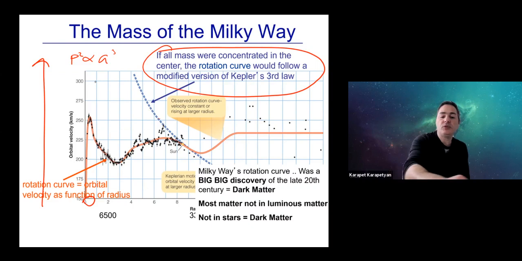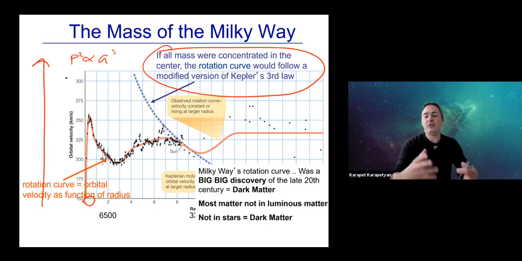Okay, so that means what we have here is the mass that we think is composed of electrons and protons and things like that, that we can see. That means we can see all the stars and things like that, and we can measure their mass using other techniques, like finding their distance and velocities. It doesn't account for all the mass that this data suggests.